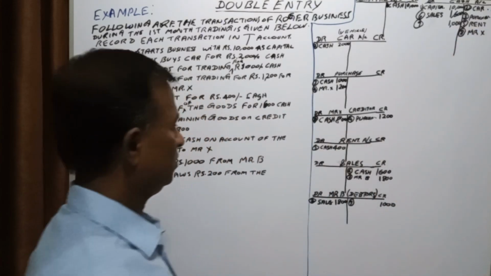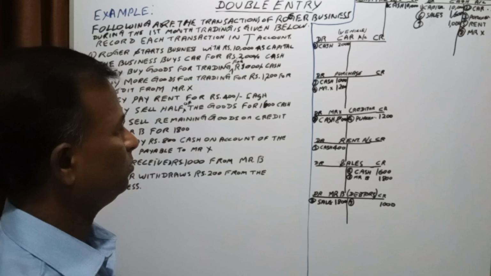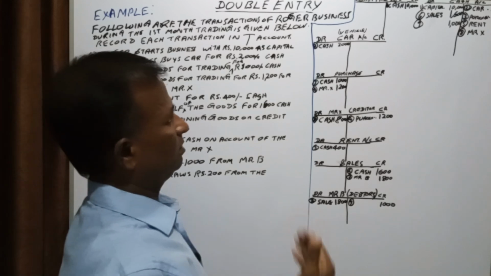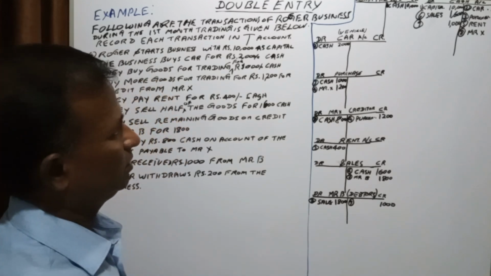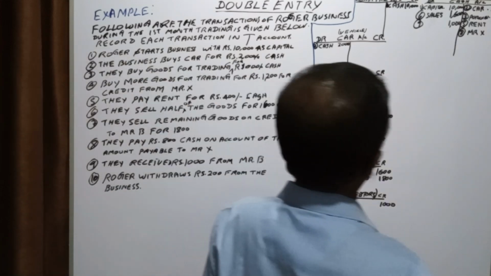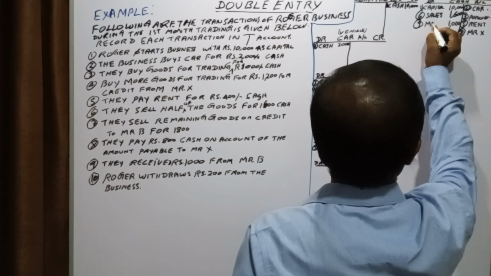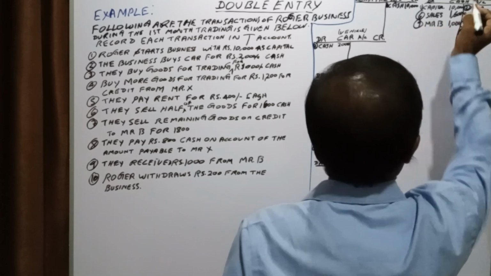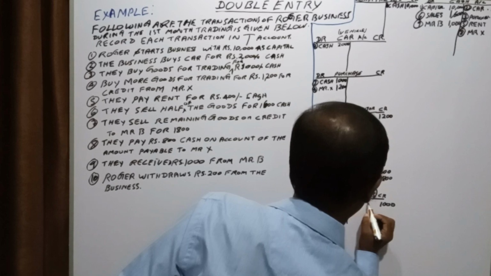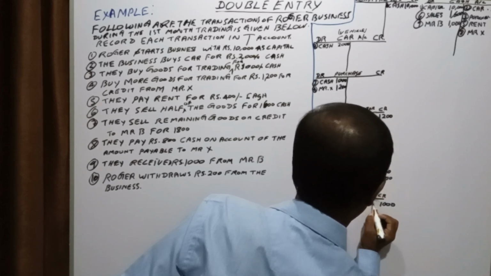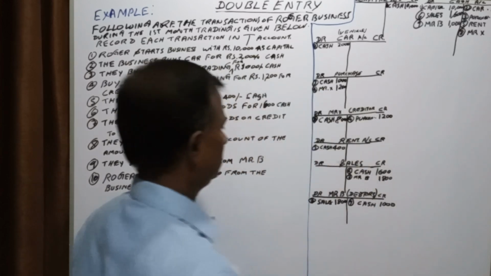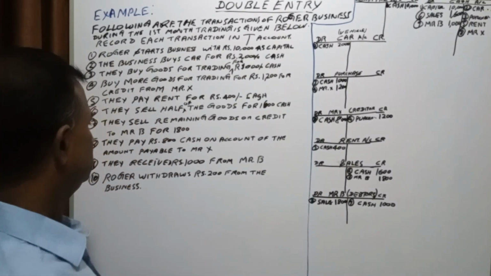Okay, 1000 debit. What is the correspondent narration? You will give the correspondent account's narration. This is Mr. B, the B, this is the cash. Cash. Okay.